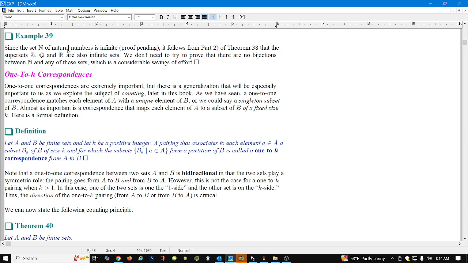The point here is that we don't have to show that there's no one-to-one correspondence between, say, Q and some Zn, or R and some Zn. We don't have to write anything down. All we have to say is that N is infinite, therefore so are all these other sets. So it's a great savings of effort, really.